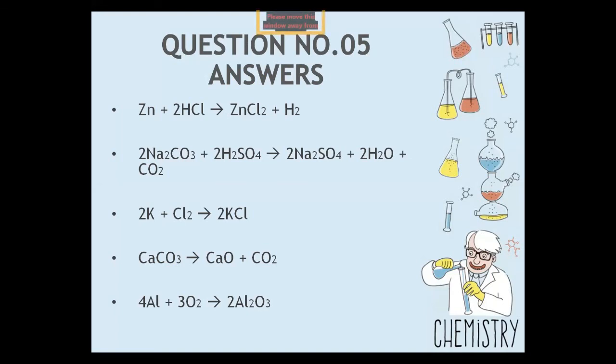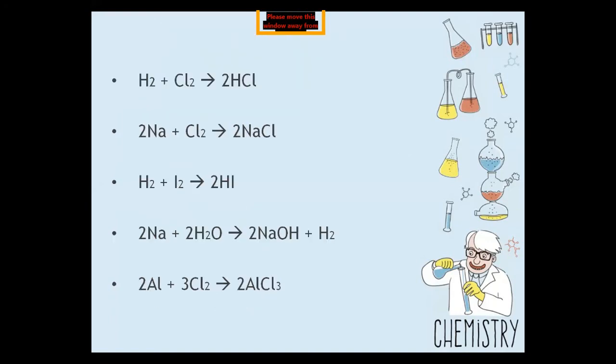Okay, 2K plus Cl2 gives 2KCl, and next one CaCO3 gives CaO plus CO2. The answer of the fifth one is 4Al plus 3O2 gives 2Al2O3, H2 plus Cl2 gives 2HCl, 2Na plus Cl2 gives 2NaCl, H2 plus I2 gives 2HI.